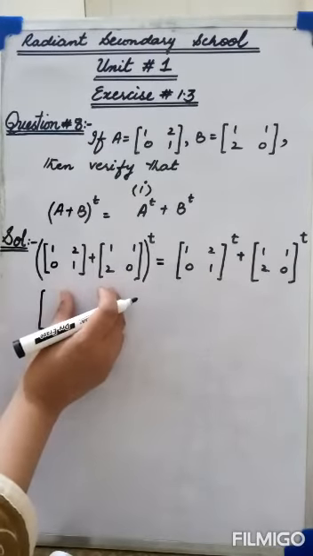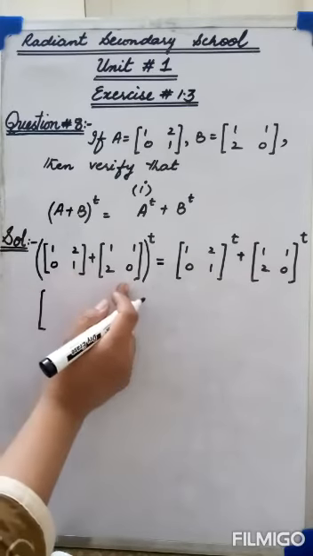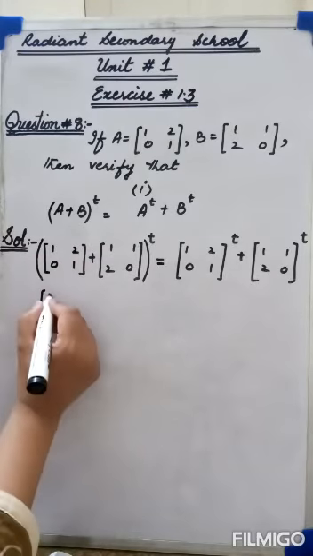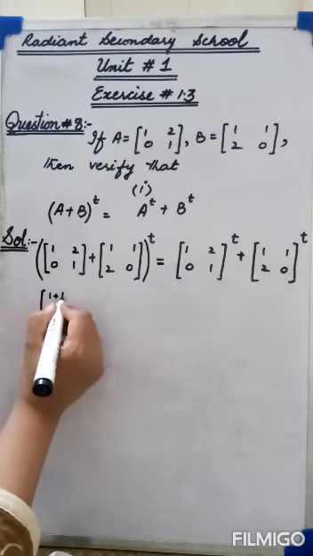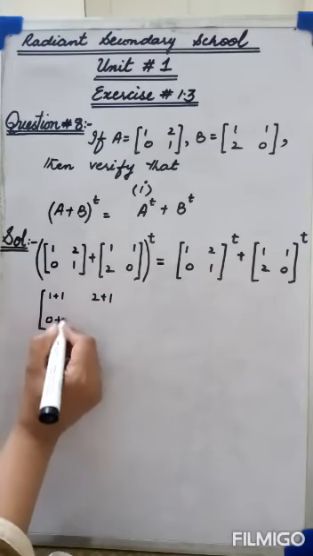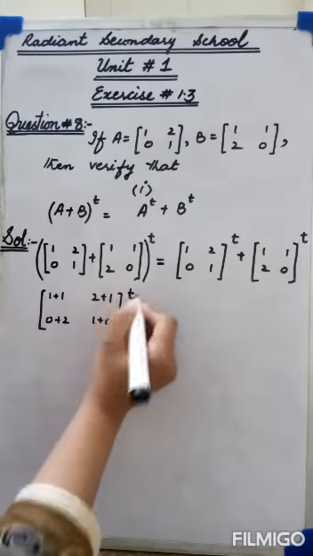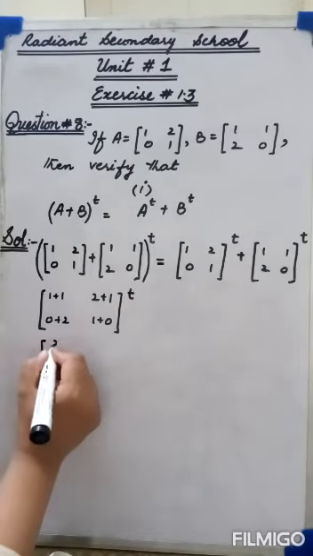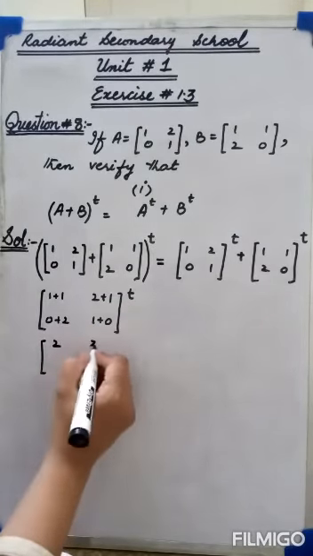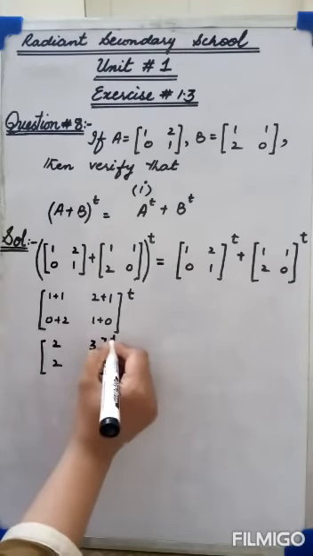Their order should be the same. Their order is the same. You can see this is 2 by 2 and this is also 2 by 2. We are going to add their corresponding entries by the law of addition. 1 plus 1, 2 plus 1, 0 plus 2, 1 plus 0. So it will be equal to 2, 3, 2 and 1 whole transpose.